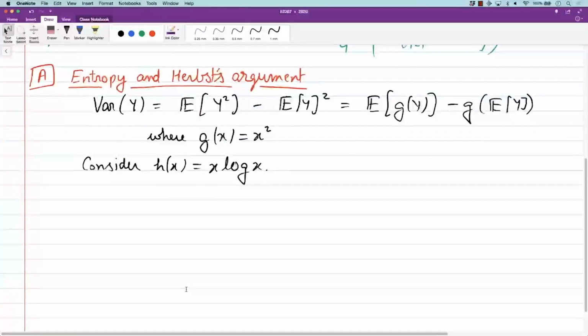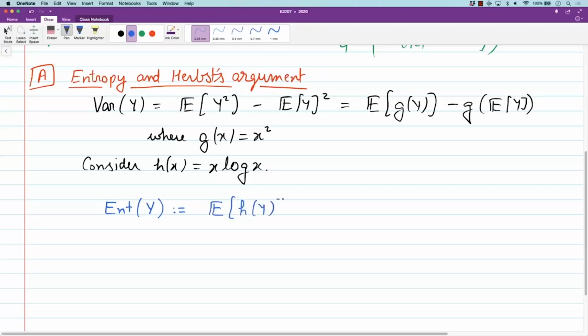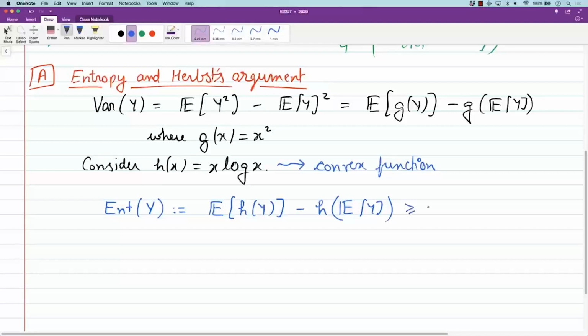Then the quantity we are after, the entropy of a random variable, let's say Y for us, is defined as the expected value of h of Y minus h of the expected value of Y. Note that this function h is a convex function, and therefore this quantity is non-negative.